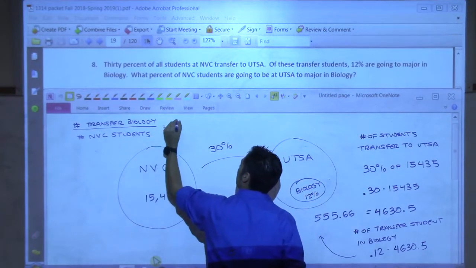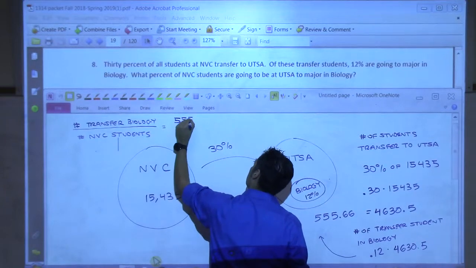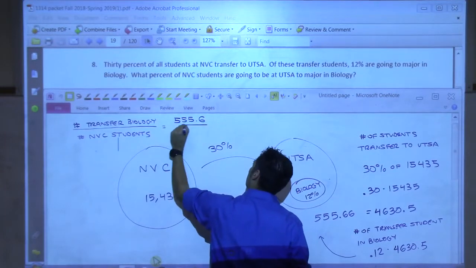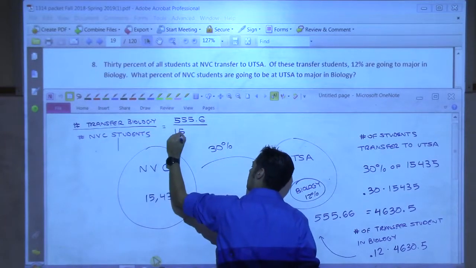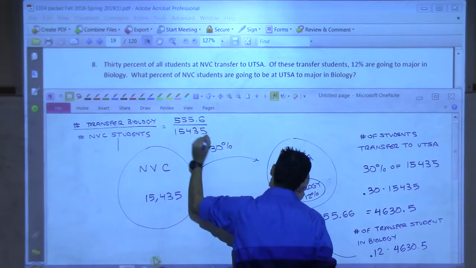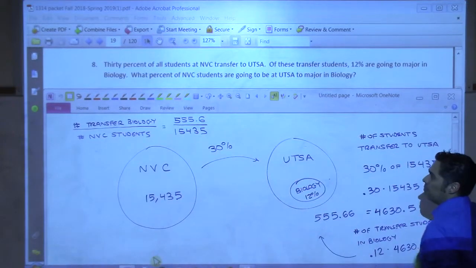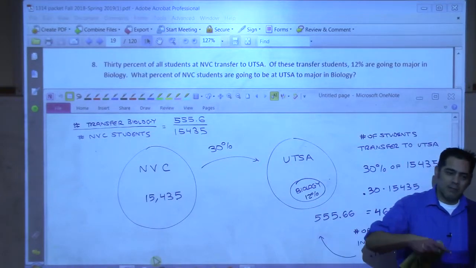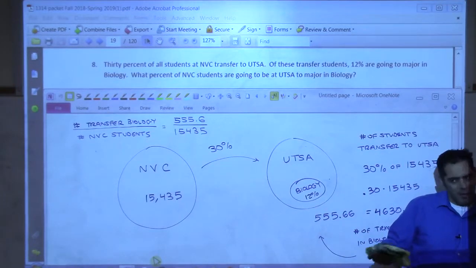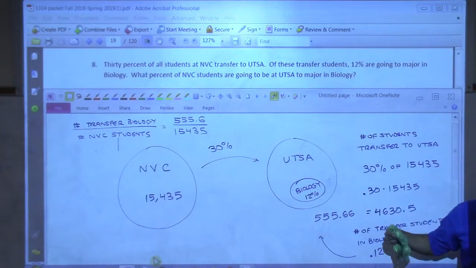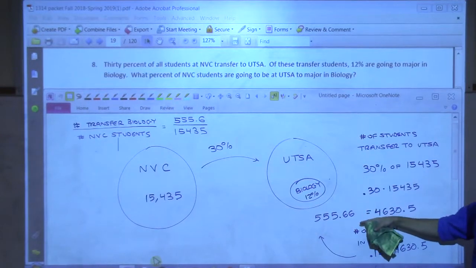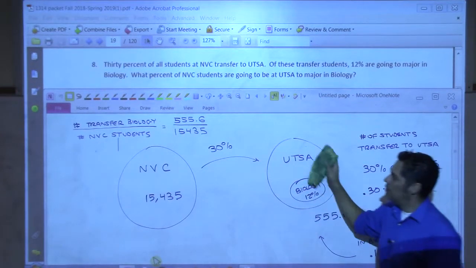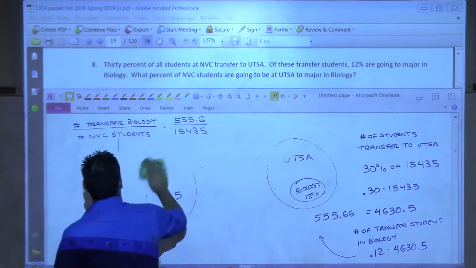So that's 555, you can go 0.6, doesn't matter, over 15,435. And somebody give me that. So you have to have done number 7 to do number 8. You can actually do 8 without 7, but if you do 7, 8's easy, because you just take this answer, divide it by that. So somebody give me that. What is it?